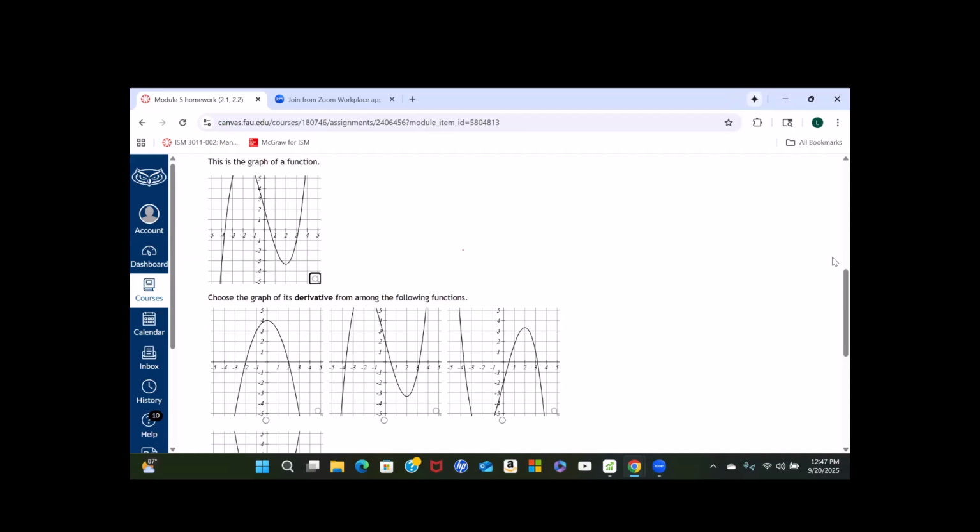It's a horizontal line at 0. Not at 0, when the slope equals 0. Right. Whenever I find the derivative, I'm finding the slope of the tangent line. The tangent line hits the graph in only one point.